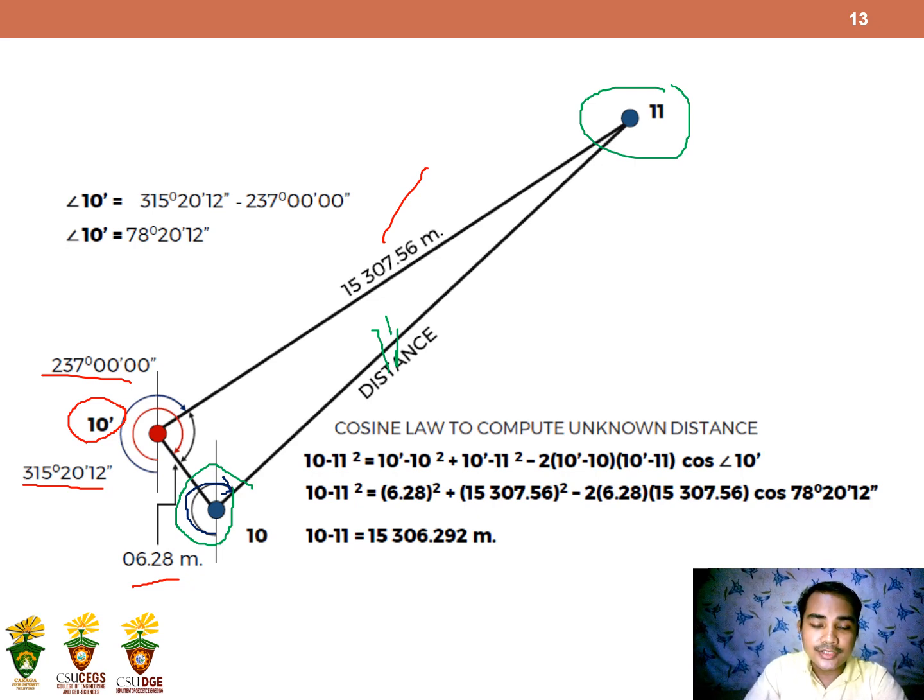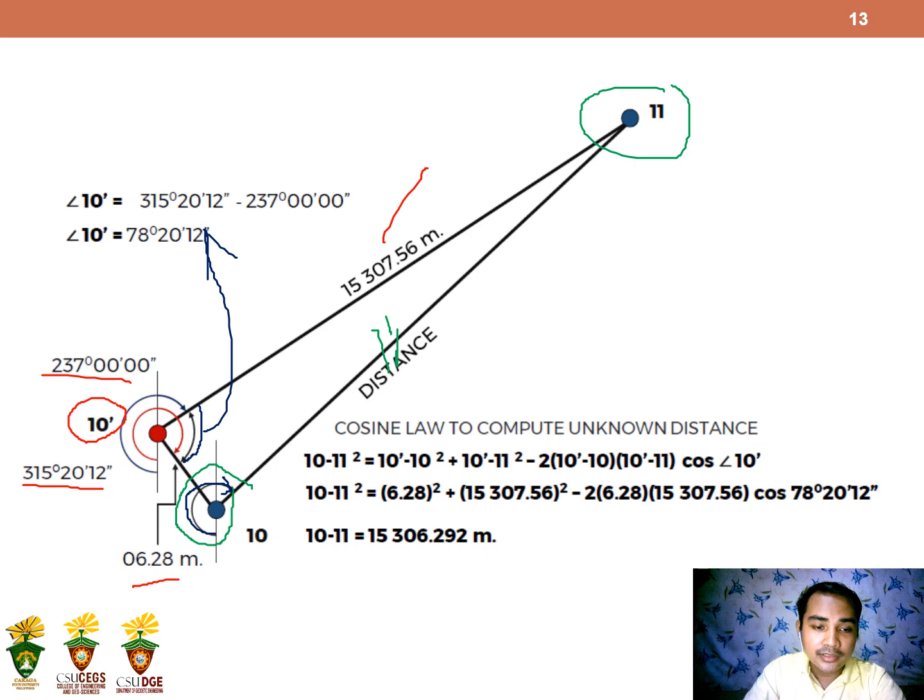So first, we have two given distances, and we can get the angle at station 10 prime. To get angle 10 prime, we subtract the azimuth of 10 prime to station 11 from the azimuth of 10 prime to station 10.